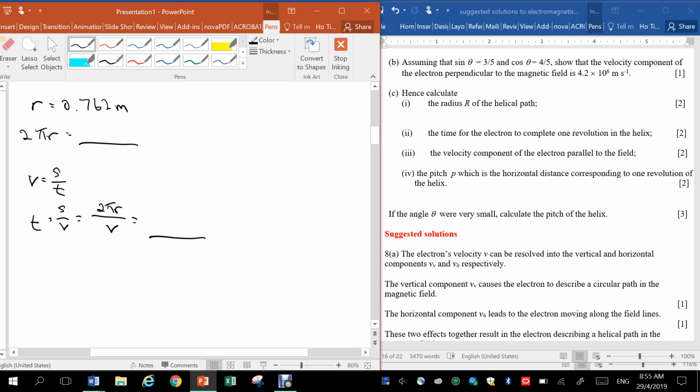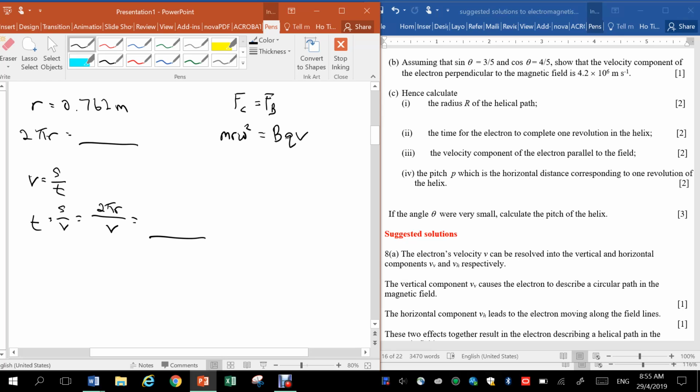A more complicated way would be starting with this, Fc equals Fb. We know that Fc can be given by m r omega squared, equal to this.